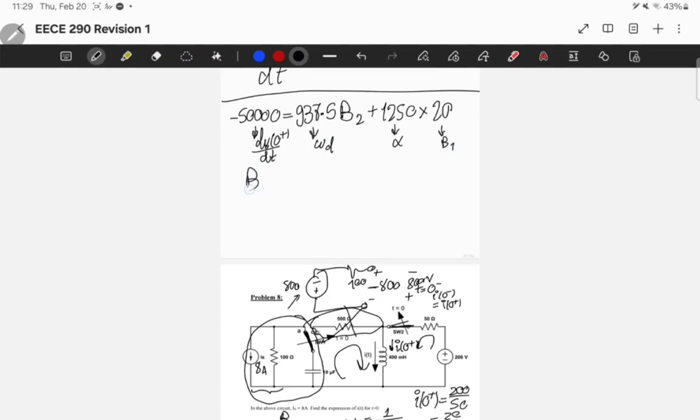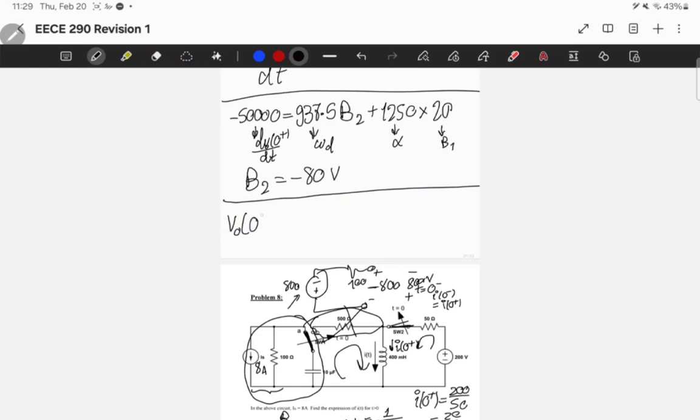So if I arrange my equations, b2 is equal to, let me do the arrangement, minus 50,000 minus this, divided by 937.5. I get the value of minus 80 volts. And so I can put all the constants in my solution.